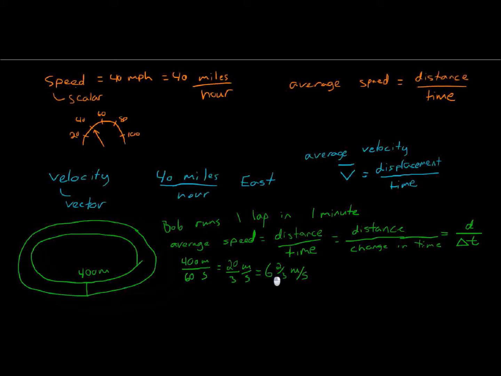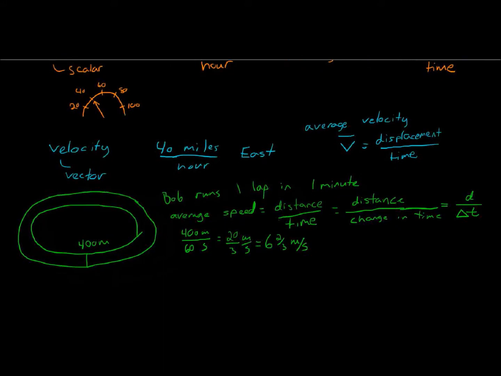So now let's think about his average velocity, and maybe if you remember the last track problem, you might already know the answer, but we'll go over it anyway. So we remember that average velocity, which we know is this v with a little line over it, is going to be equal to, well, you know what?